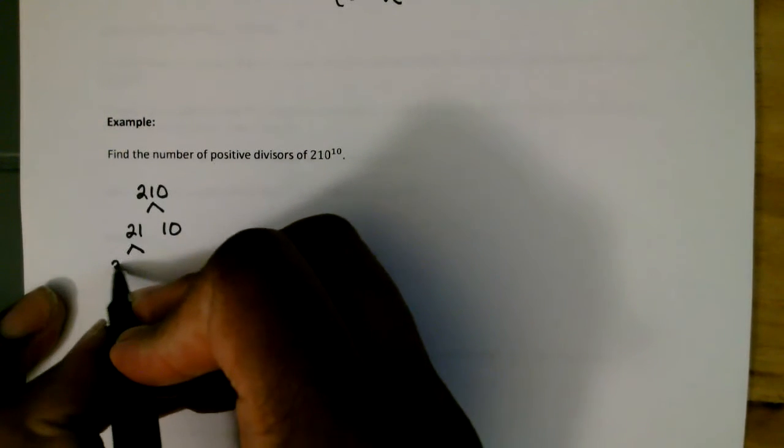Another example would be to find the number of positive divisors of 210 raised to the 10th power. Well, let's write 210 as a prime factorization. I'll write that as 21 times 10, since it ends in 0. 21 is 3 times 7. 10 is 5 times 2, and all of these are prime numbers.